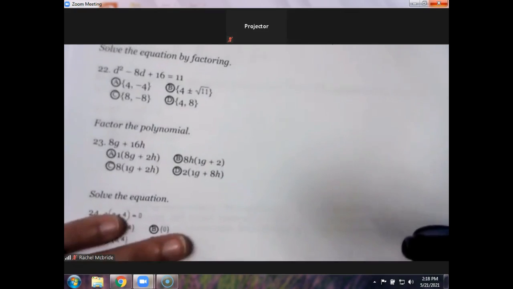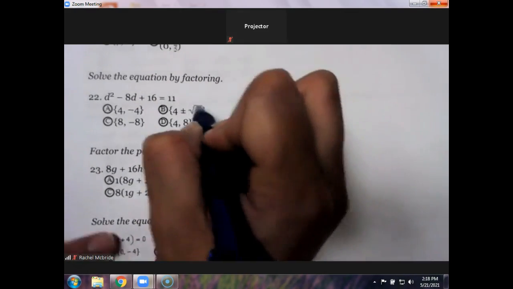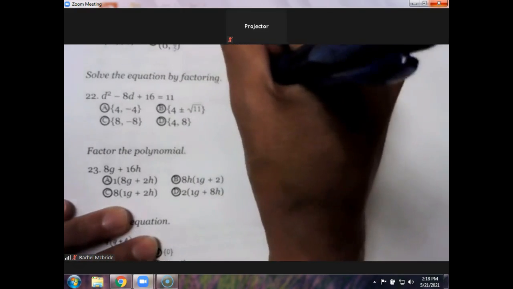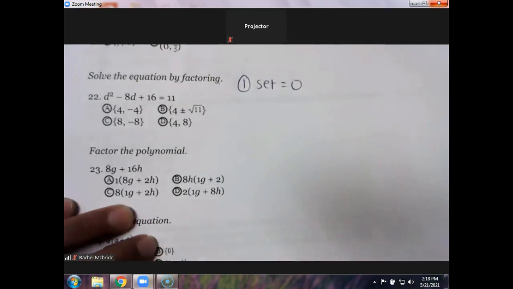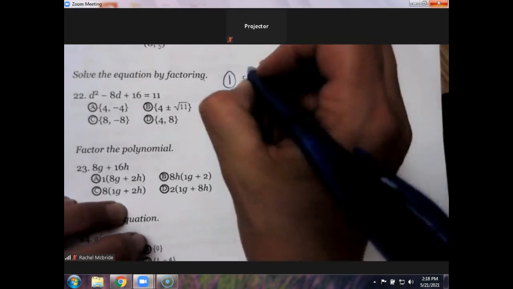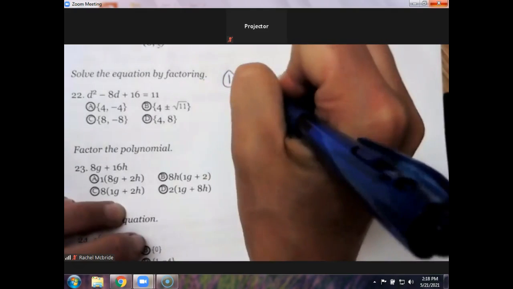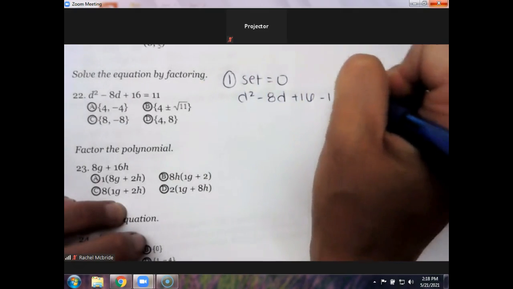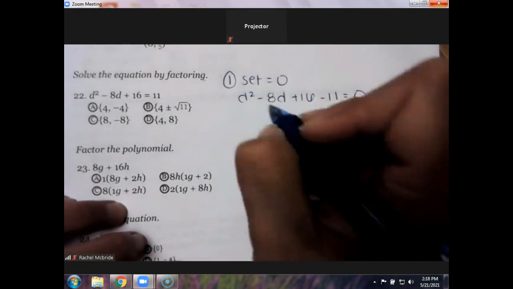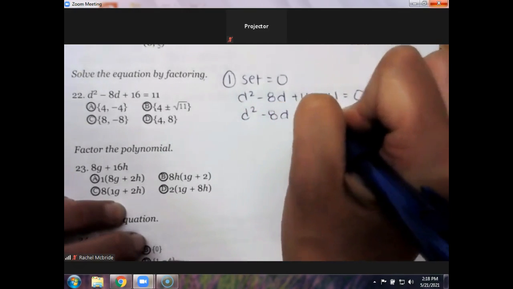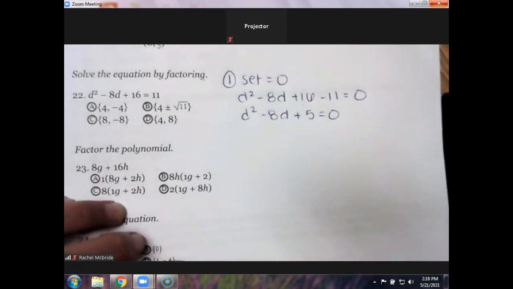Okay, number 22 says to solve this equation by factoring. When factoring, rule number 1 is to set equal to 0. So the first thing you have to do in number 22 is get that set equal to 0. So you have d squared minus 8d plus 16 minus 11 equals 0. Then you get d squared minus 8d plus 5 equals 0, because 16 minus 11 is 5.